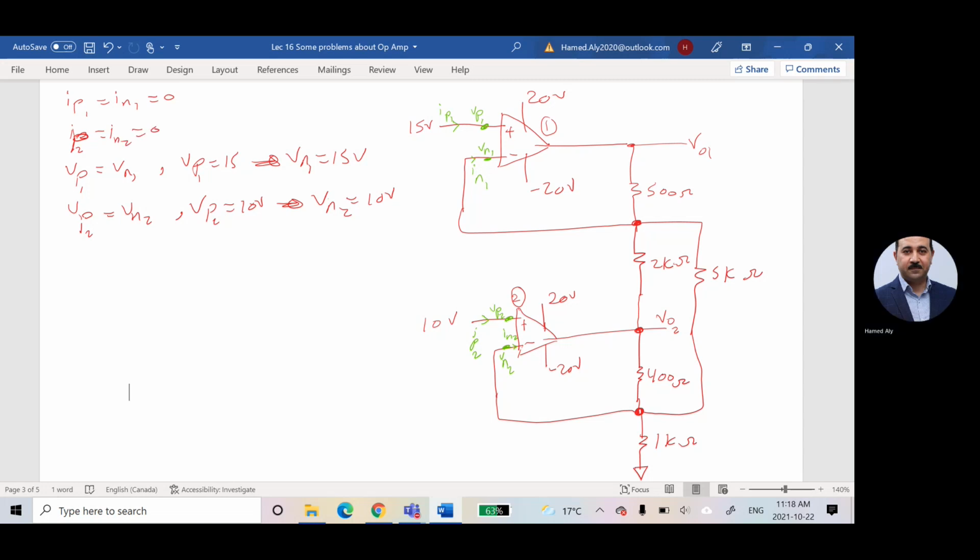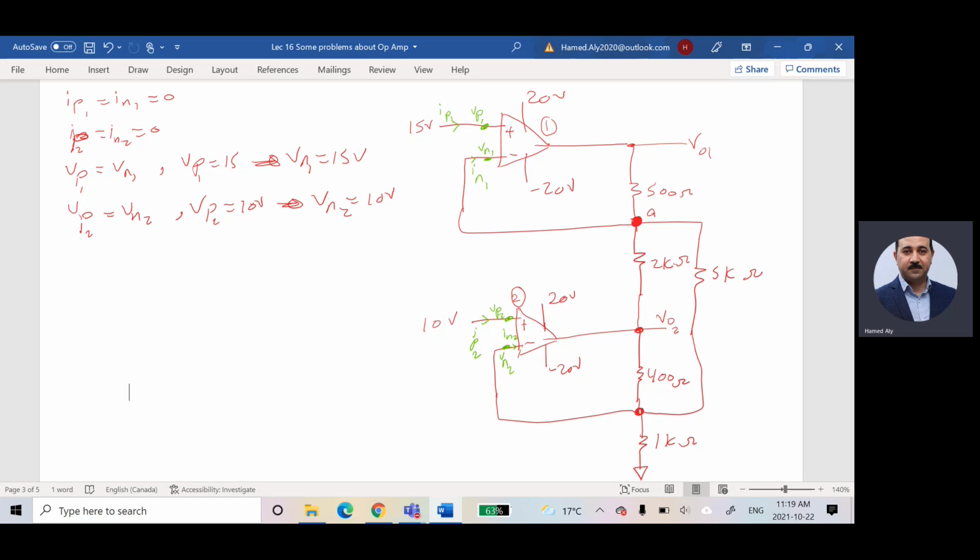Now, let us see, this guy is VN1. What is the voltage for this node? It's VN1 as well, because there is no resistor connected here or anything. It is the same point, which means if I assume that this is, for example, node A, I can say the voltage for node A is equal to VN1.